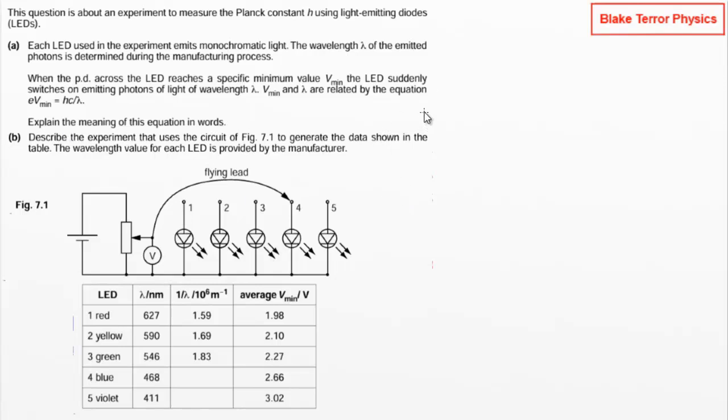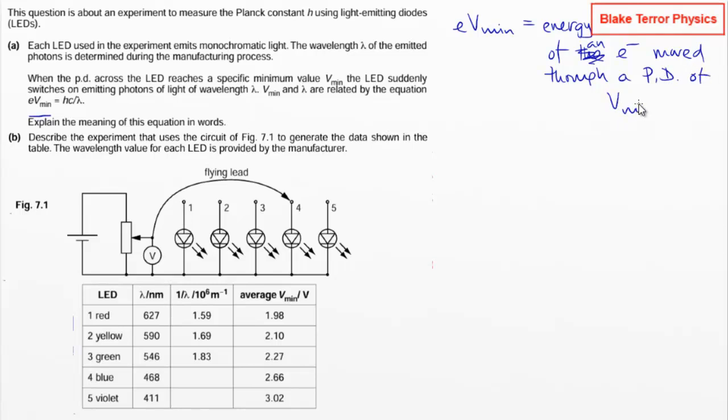So EV min is equal to the energy of the electron passing through a potential difference of V min.